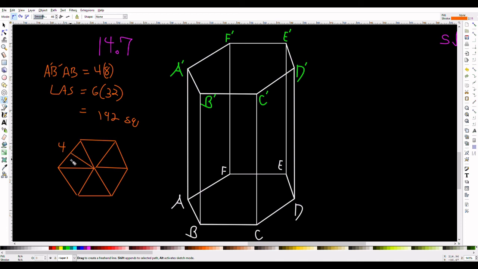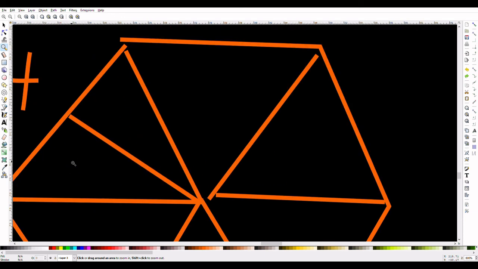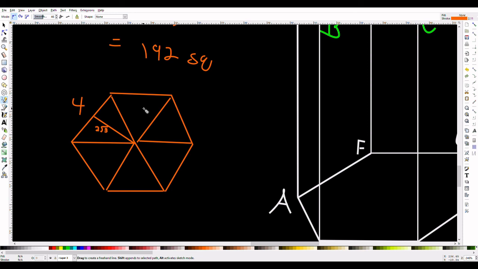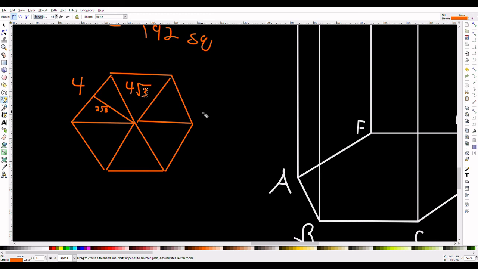So you should realize the area of each of these little triangles is 4 times 2 square root of 3 over 2, which means that each of these is 4 root 3. And there's 6 of them, so 4 root 3 times 6 is 24 root 3.